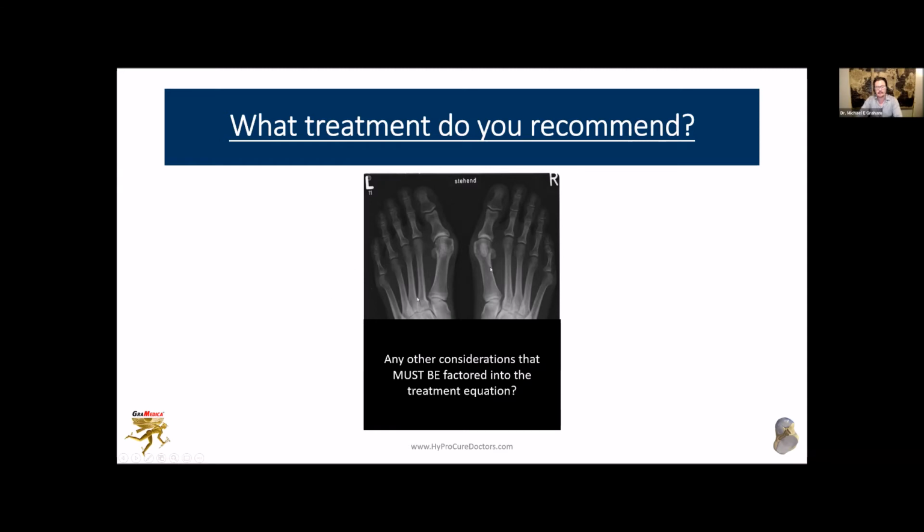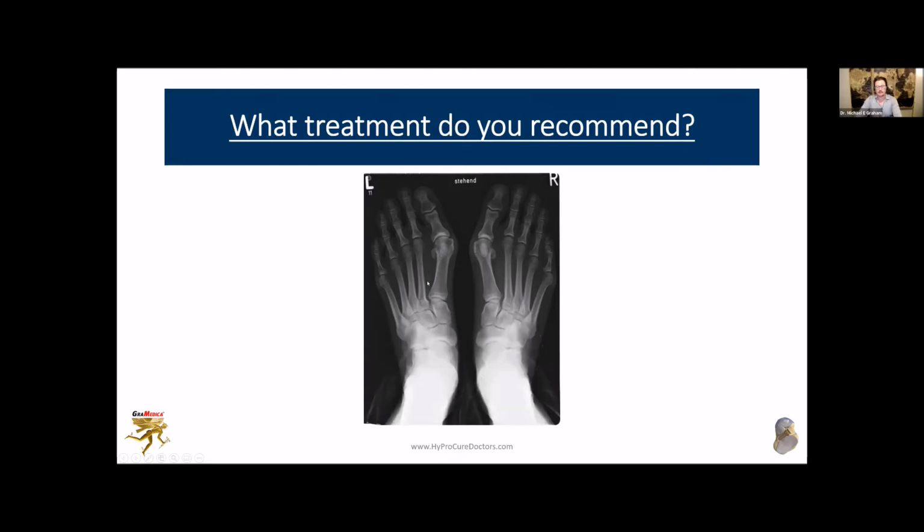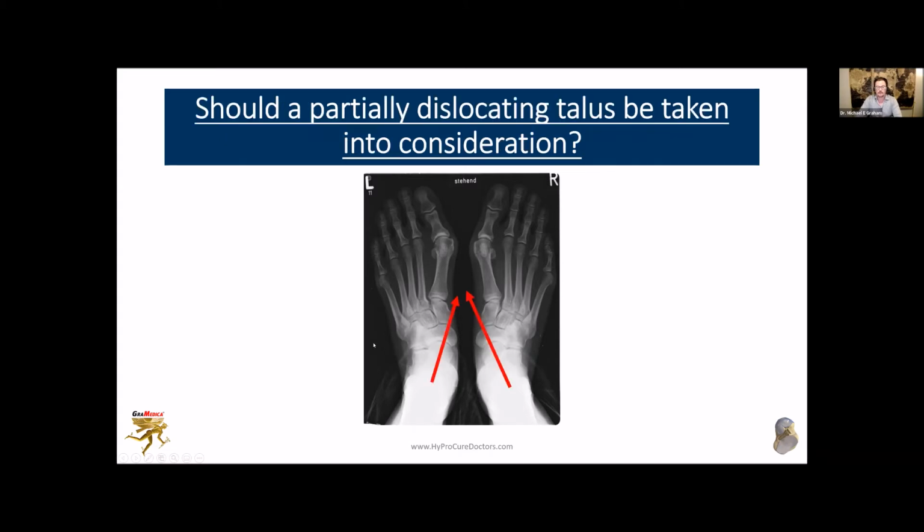Instead of limiting our attention to only the first ray and the first cuneiform joint, we as ethical and well-trained surgeons know that the entire foot structure must be taken into consideration. So don't just limit your focus to the first MPJ. We need to always start looking at the hind foot, at the alignment and position of the talus on the calcaneus. And what do we see?